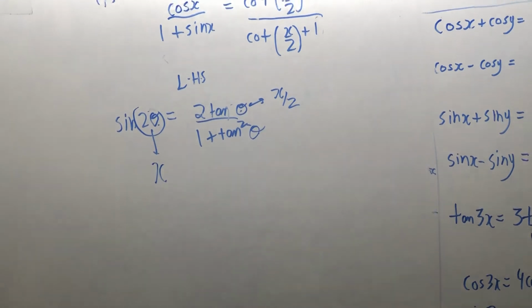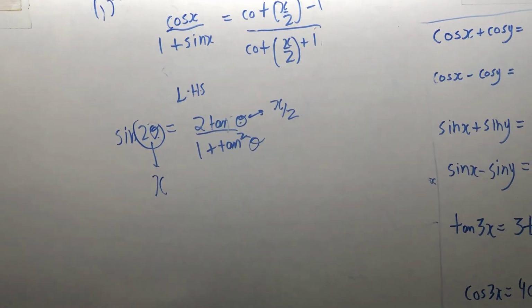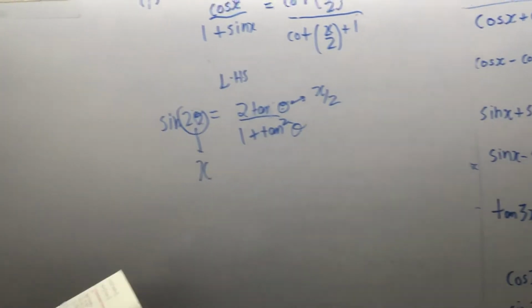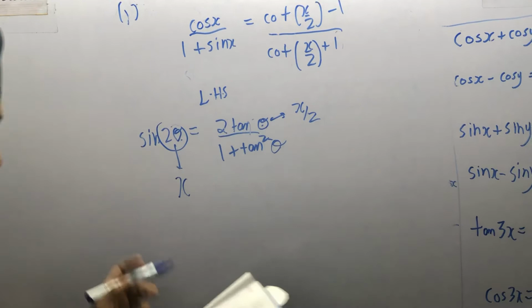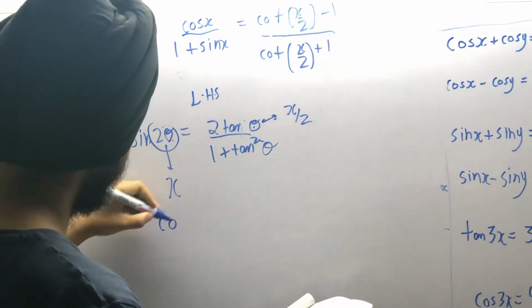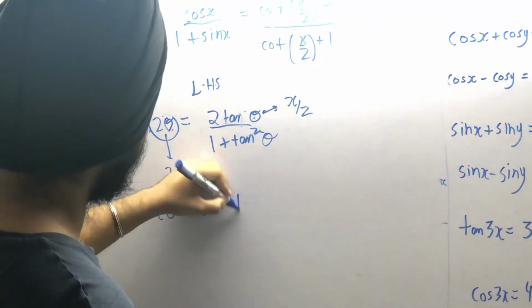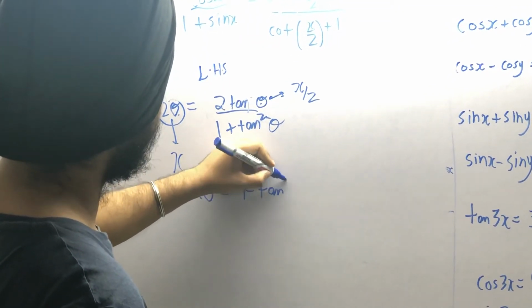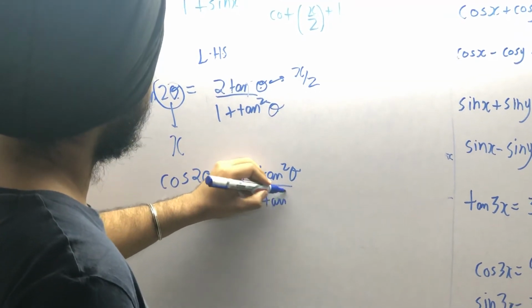The next one that you have to find out is basically cos x. So the formula for cos 2 theta is equal to 1 minus tan square theta upon 1 plus tan square theta.